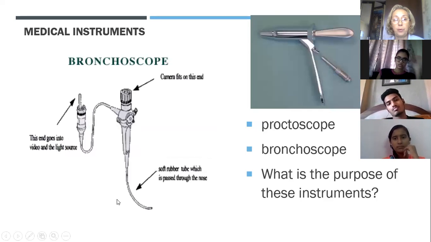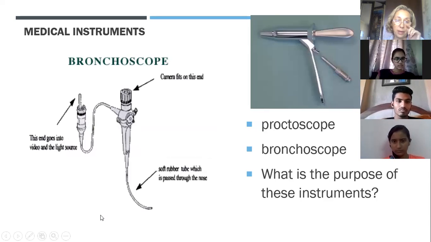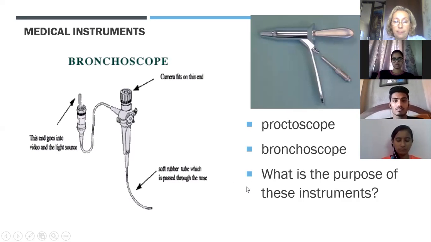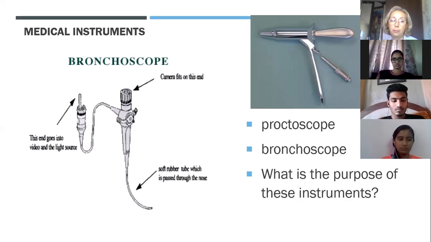And let us focus on the medical instruments that are presented here. So we have 2 types of medical instruments. One of them is proctoscope and the other is bronchoscope. What is the purpose of these instruments? What are they made for?